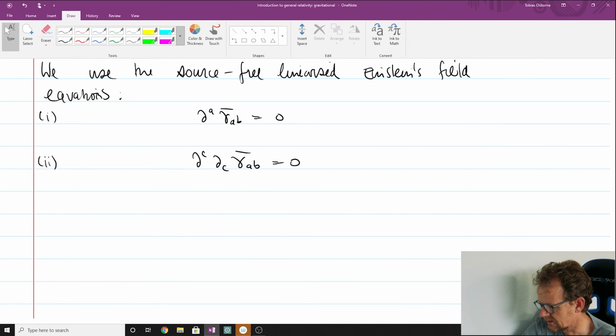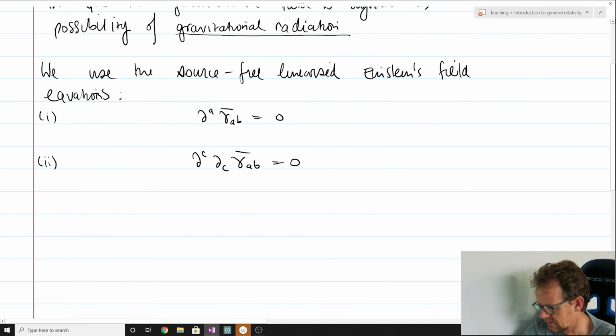Just to emphasize what I just said, this first equation here is the gauge choice.